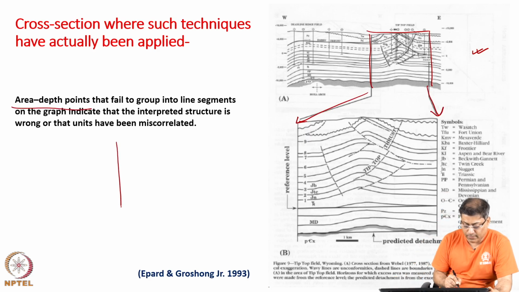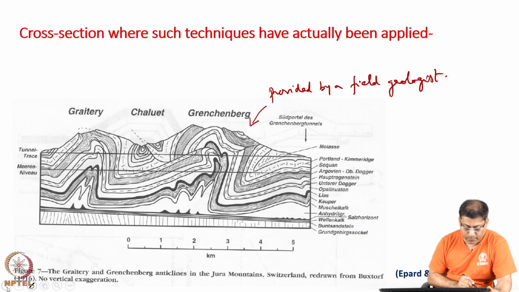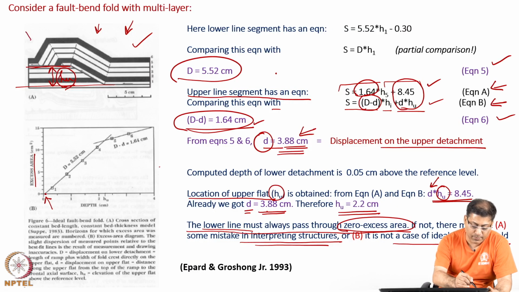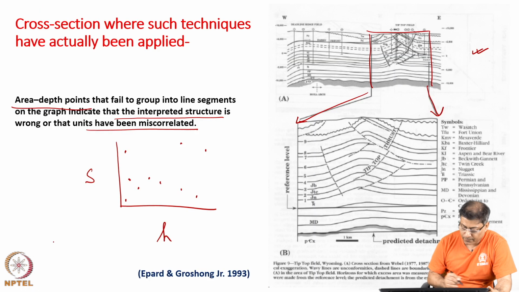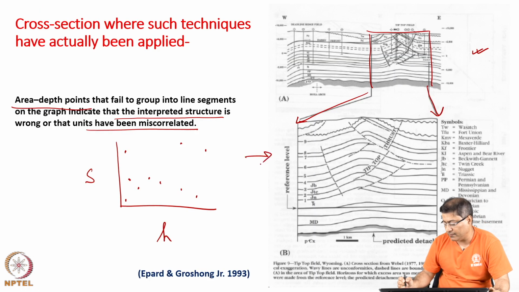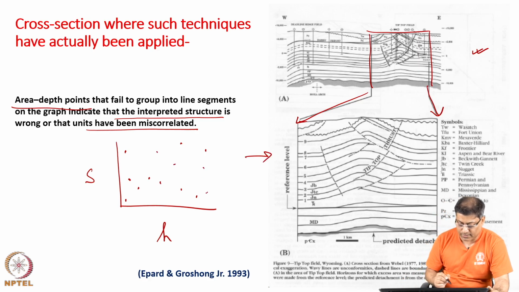In case you are trying for the depth versus excess area and your plots are too much scattered, such as this, it can indicate that in the beginning the structure has been wrongly interpreted or the units have not been correlated. That means, suppose starting from such a given real structure, given by the field geologist or by the seismic interpreter, we are getting a scatter of points, that indicates that the interpretation has gone wrong.